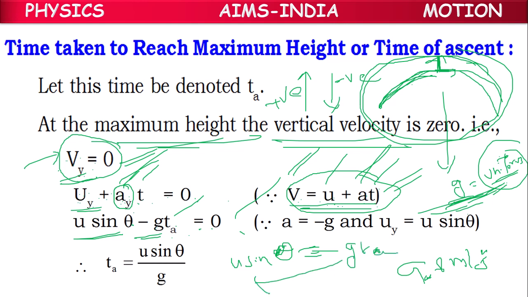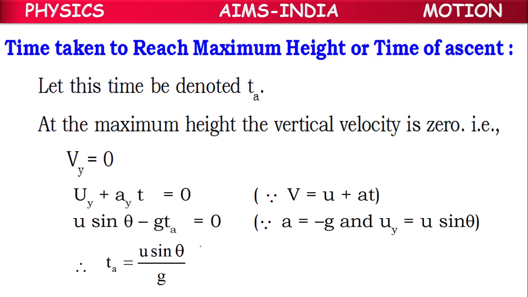If g comes to the down side, u sin theta by g equals t_a, the time of ascent, equal to u sin theta by g. So in this way, children, we can find the equation for time of ascent for an oblique projectile.